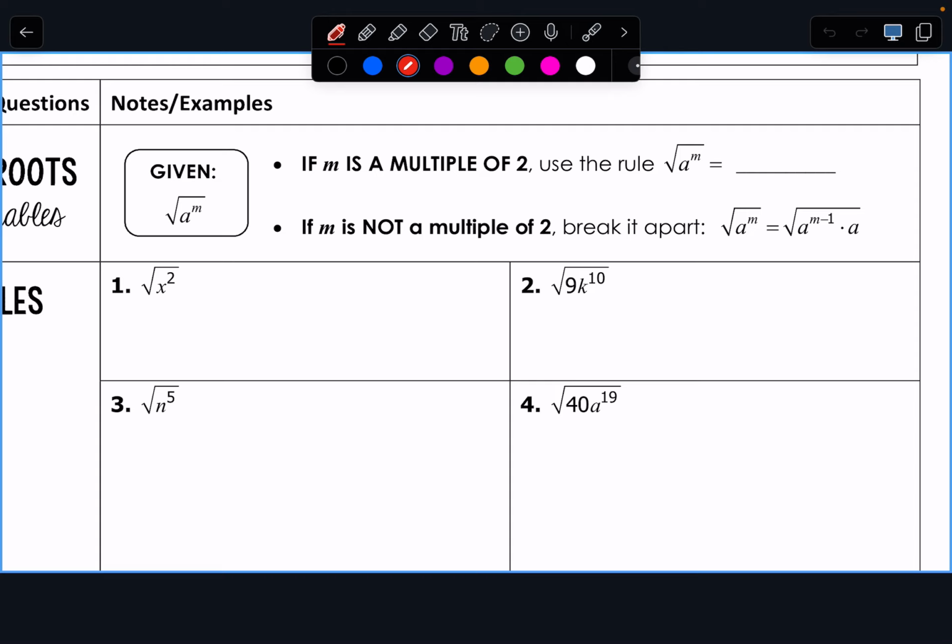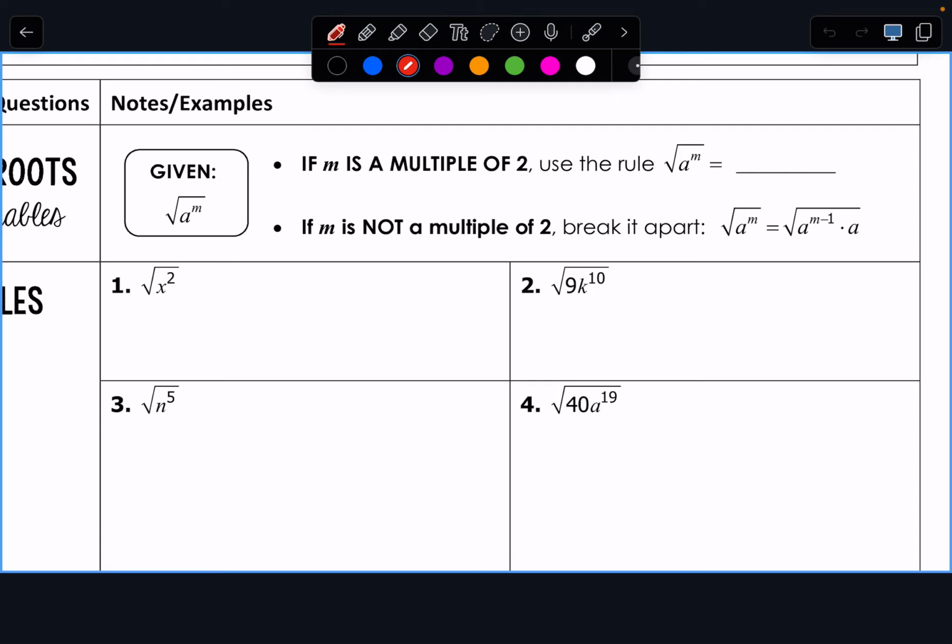Basically, anytime we have a pair of 2's, it comes out of the radical as a 2. If we have a pair of 3's, it comes out of the radical as a 3. Do you see what I'm saying? So if we have a pair of A's, it would come out as an A.